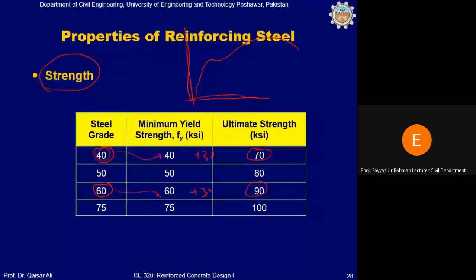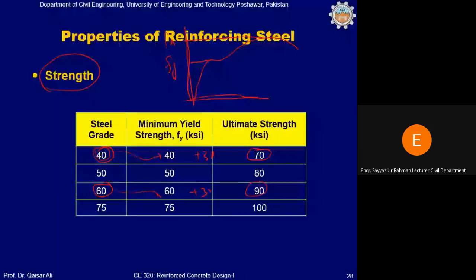So this point corresponds to the yield strength of the reinforcing bar, and this maximum stress corresponds to the ultimate strength of the reinforcing bar. So this is the actual stress strain curve.